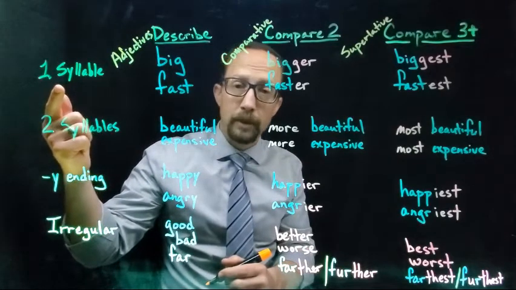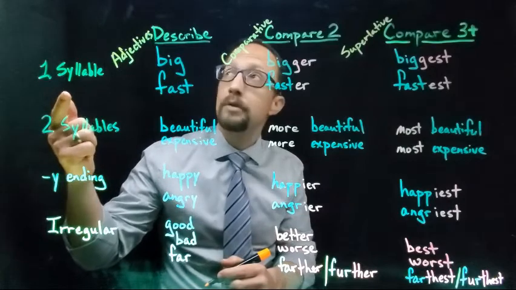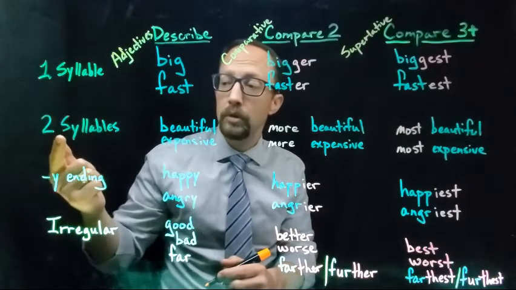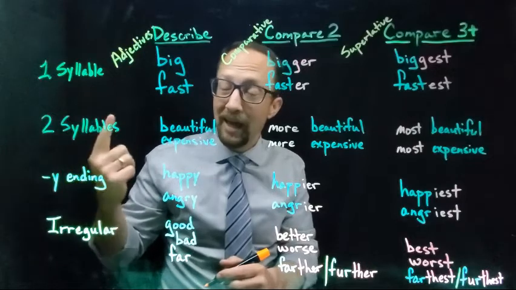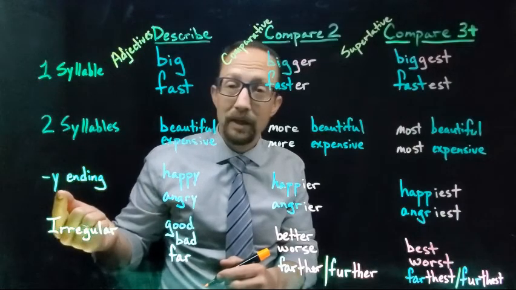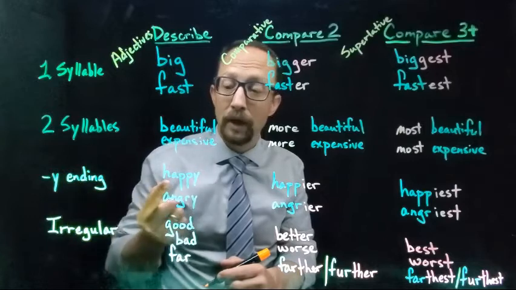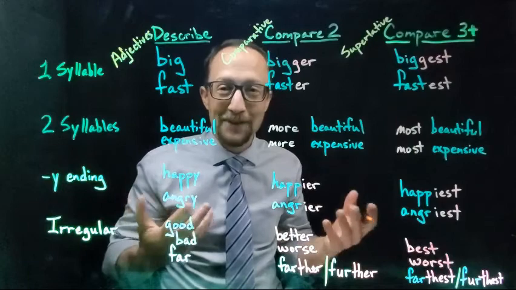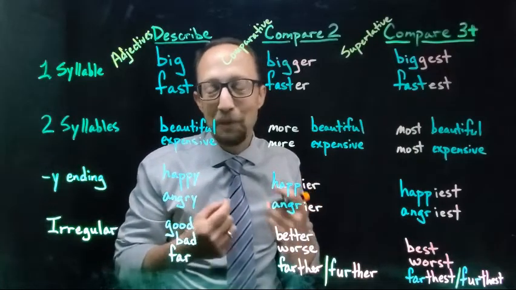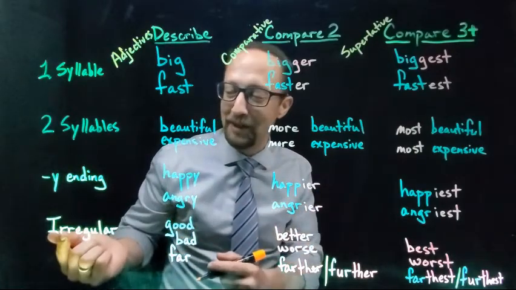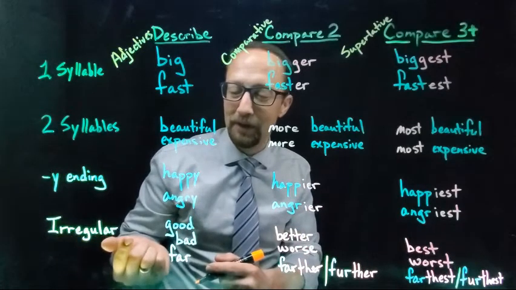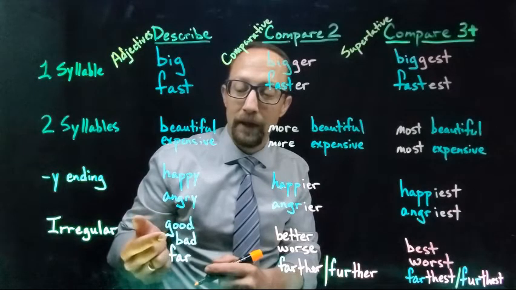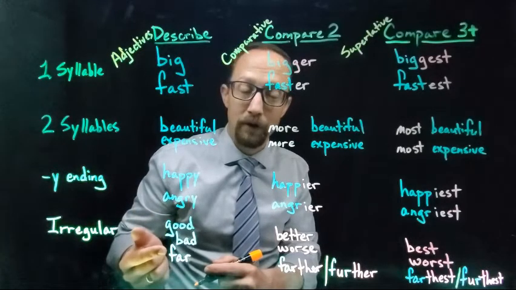You change them based on syllables, whether it has one syllable, two syllables, and sometimes if it ends in Y, like happy or angry. And of course, in English, some words break the rules. They are irregular, like good, bad, far.